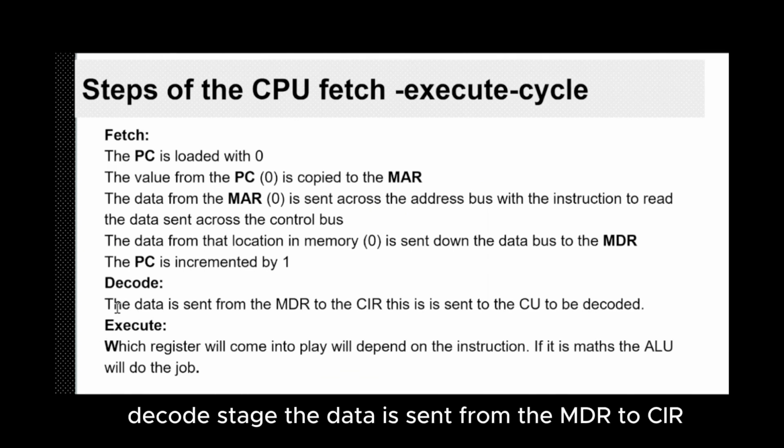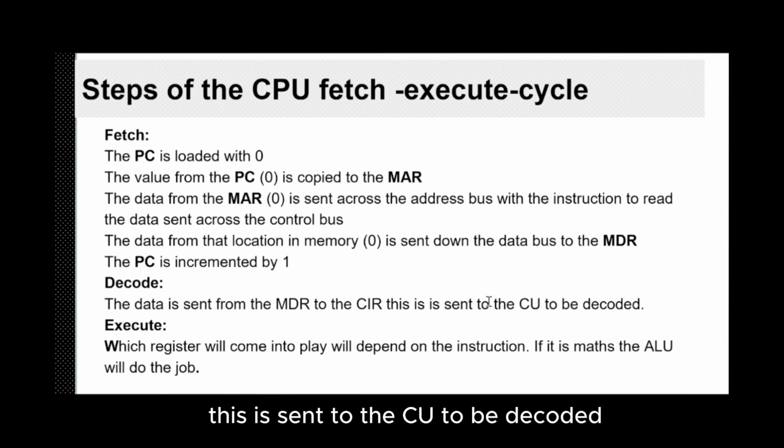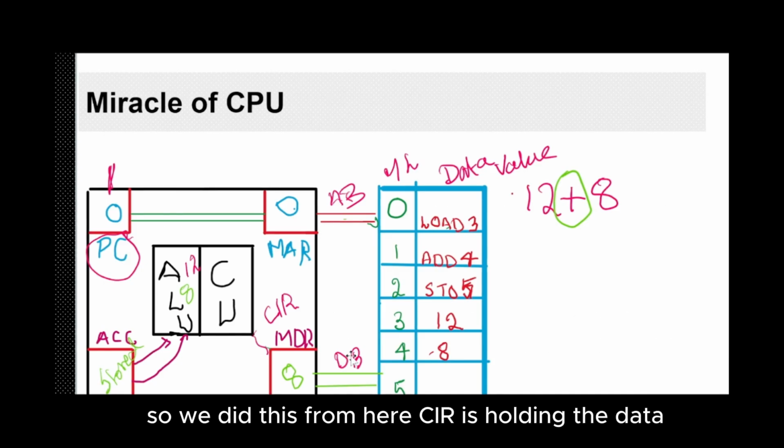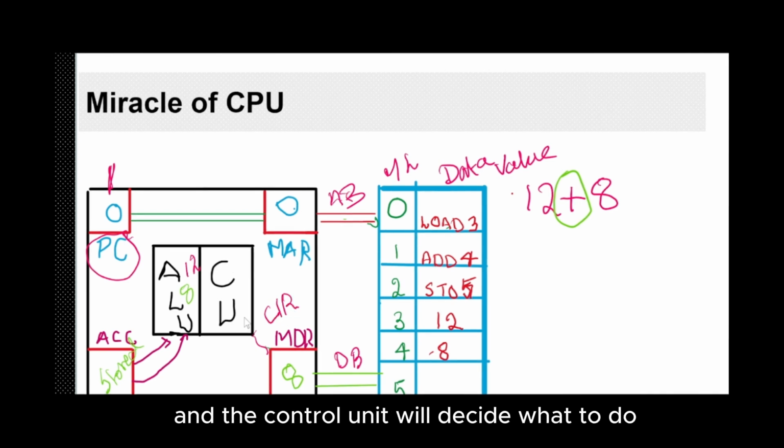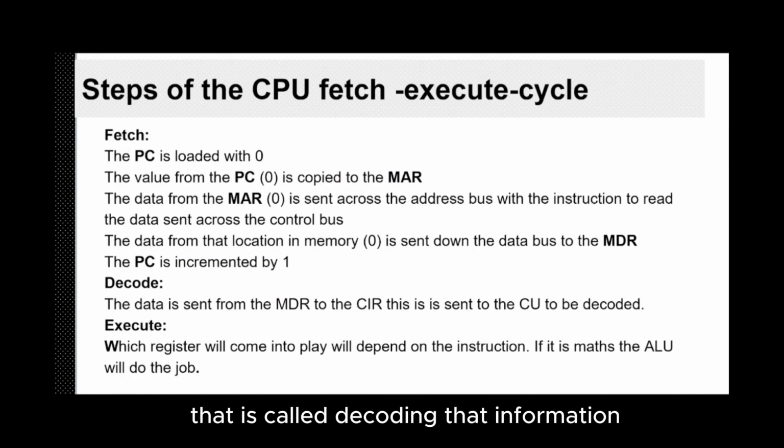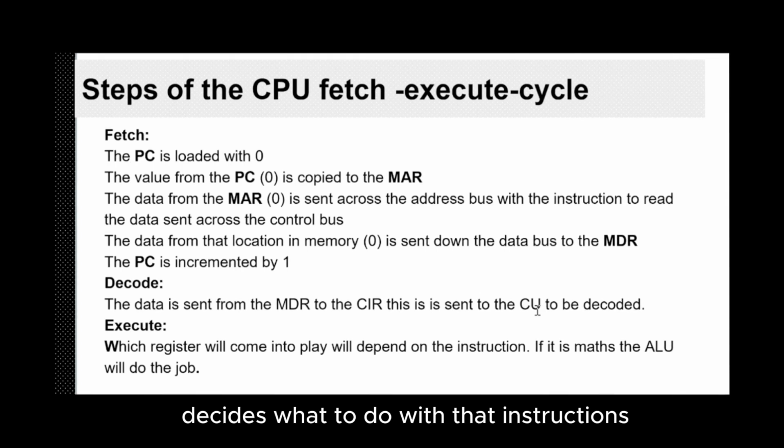Decode stage. The data is sent from the MDR to the CIR. This is sent to the CU to be decoded. So we did this. From here, the CIR is holding 8, then the control unit will decide what to do. That is called decoding that information. Then the control unit, who is in charge, who's the main boss, decides what to do with that instruction.